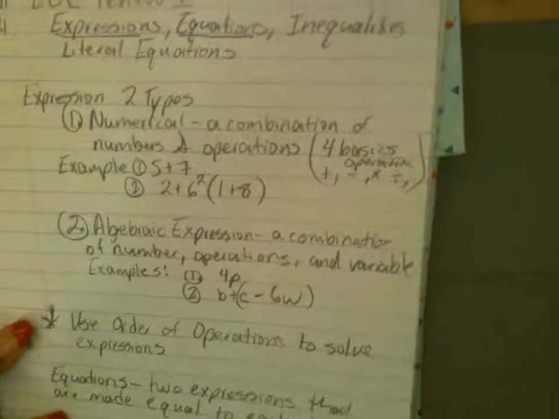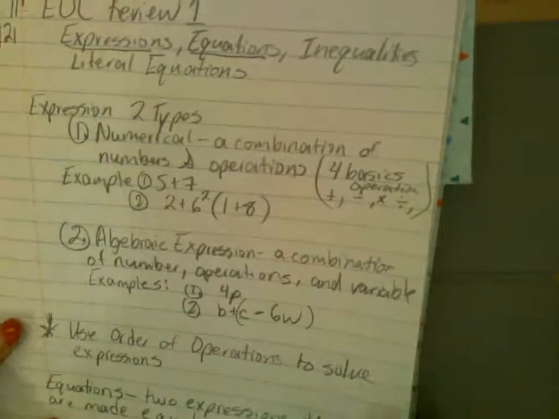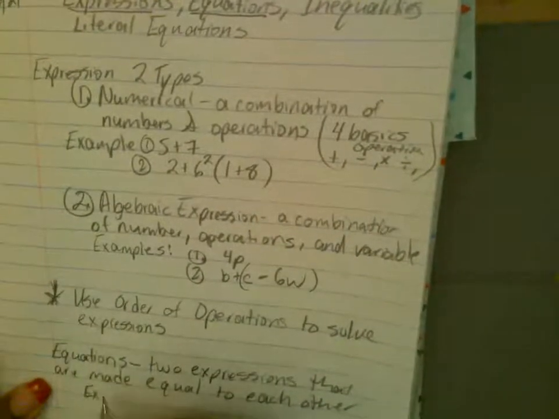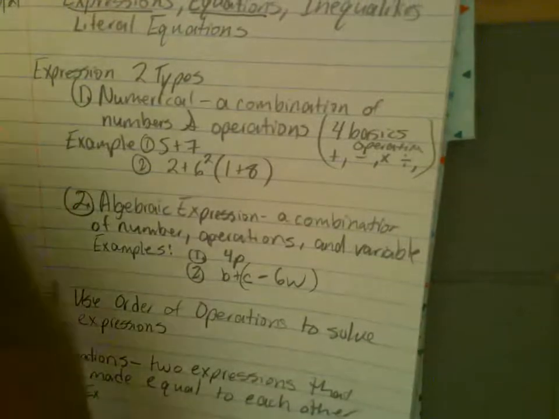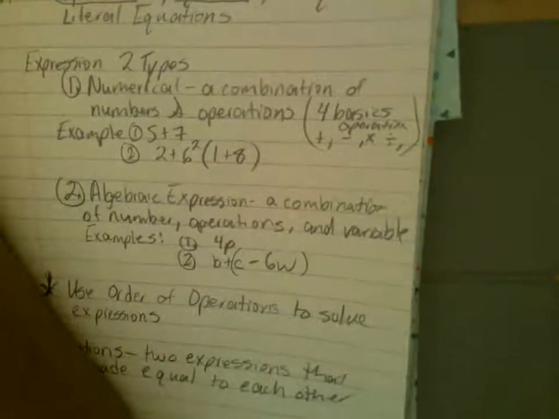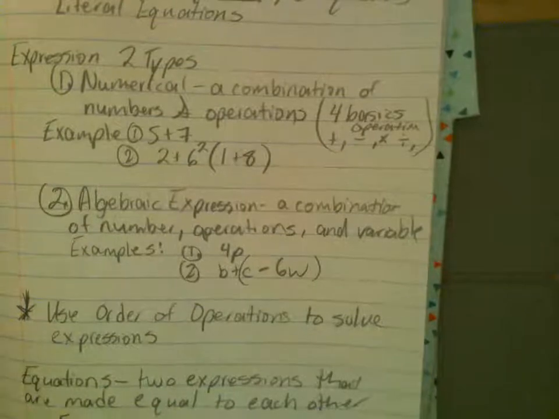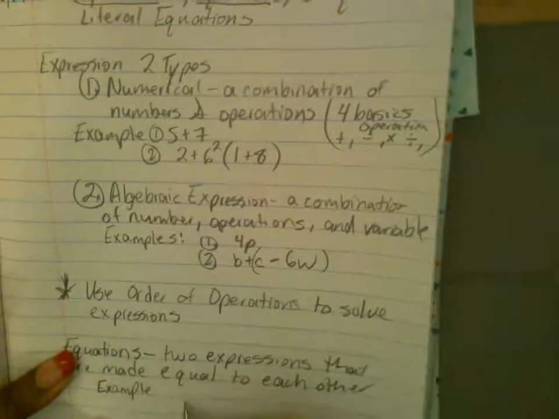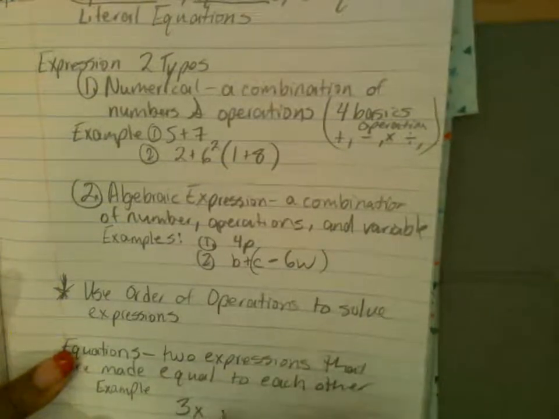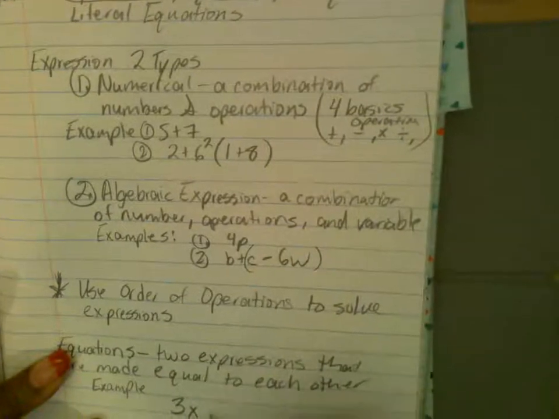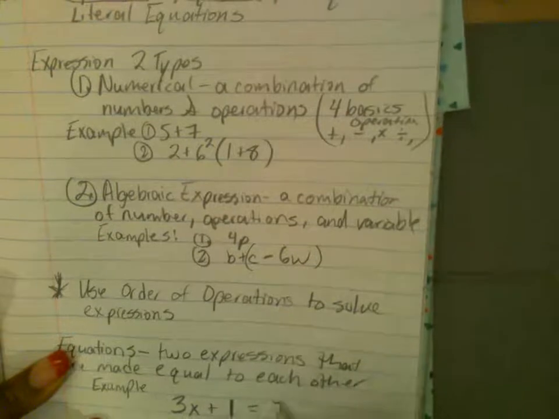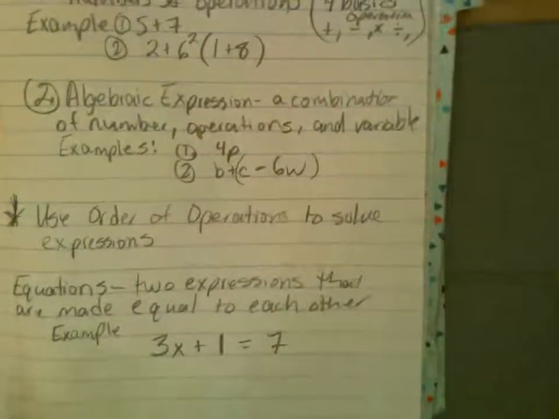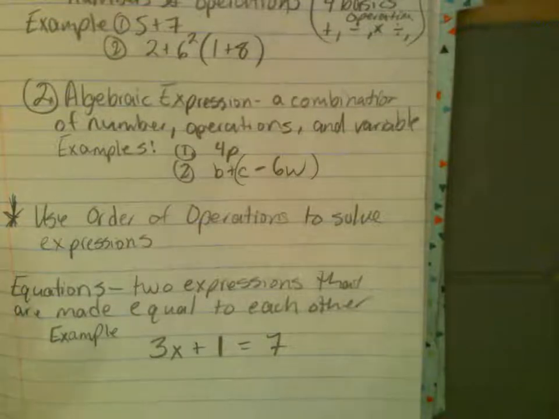So there are two expressions that are made equal to each other. You can have something simple. Let's do an example. As 3x plus 1 is equal to 7. This could be an example of an equation, or it can be much longer than that.